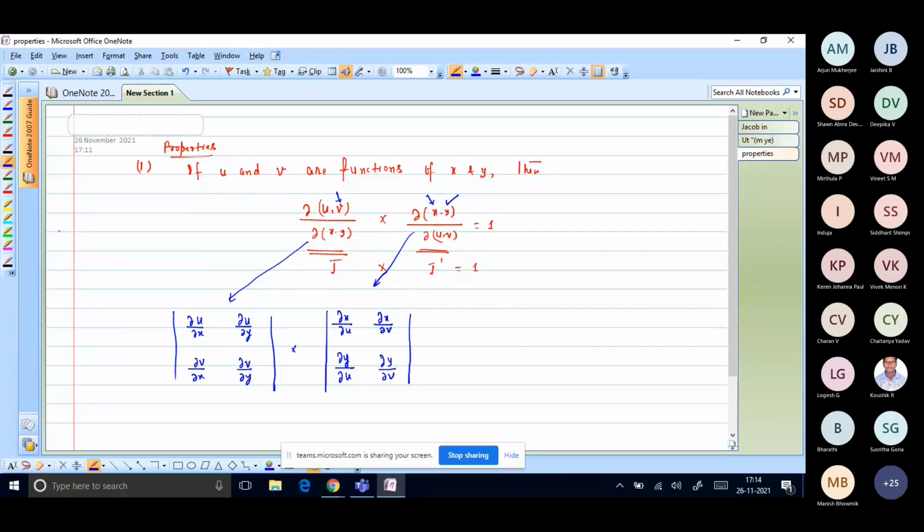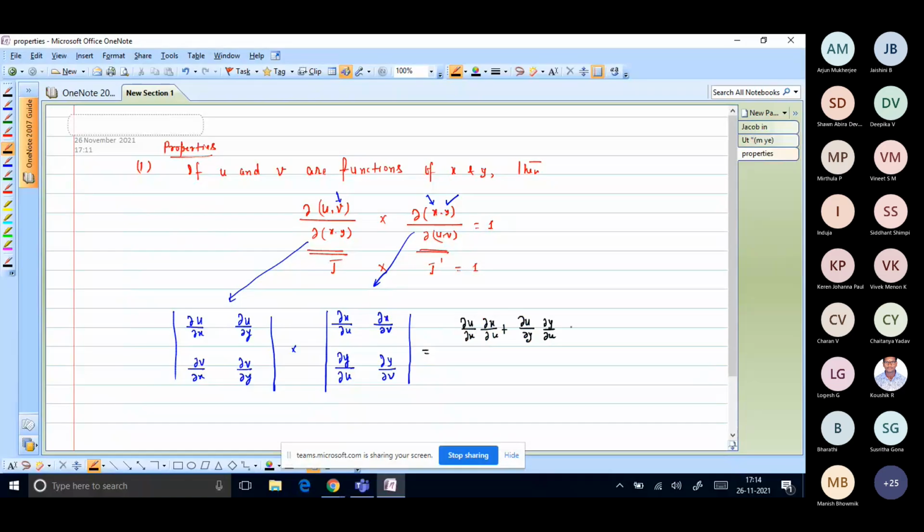Once you multiply, see what I am going to get. First entry: del u upon del x into del x upon del u plus del u upon del y into del y upon del u.